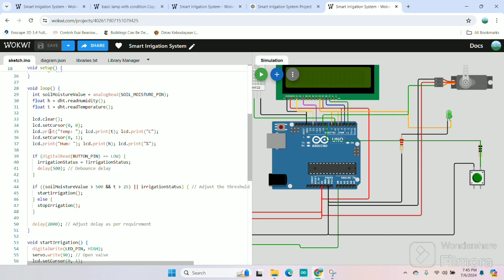First, we print the temperature, and the data is from the DHT, with the unit in Celsius.